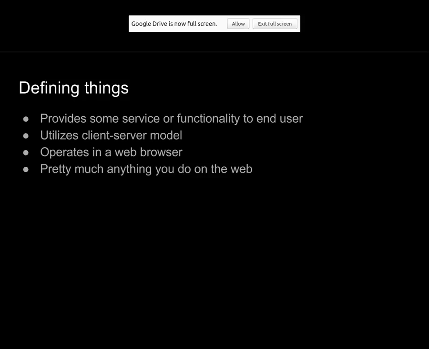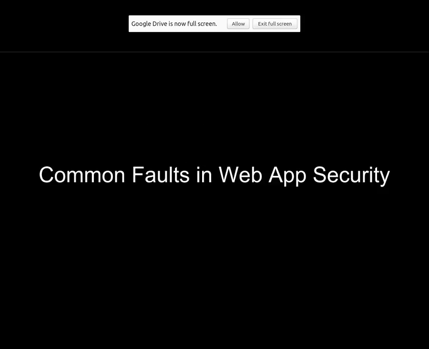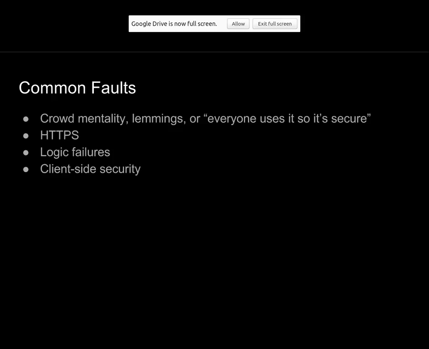Anyways, continuing on. Common faults in web app security. So there's a few different ones that I thought of. So first is the crowd mentality, or lemmings, or everyone uses it so it's secure. Second is HTTPS. Third is logic failures, and fourth is client-side security.